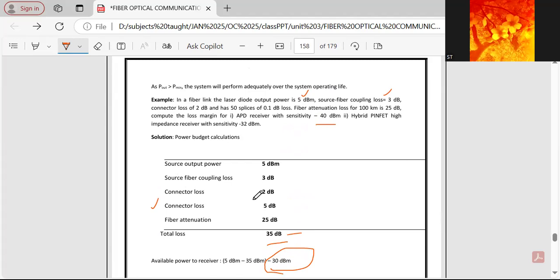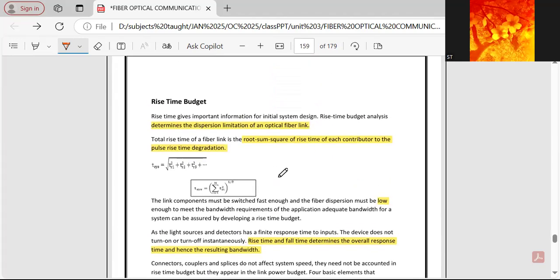So what we have seen is that in link power budget calculation, we are considering different components like splices, connectors, and optical fiber losses in the calculation of the power budget. But in the case of rise time budget calculation, we are not considering all these components.